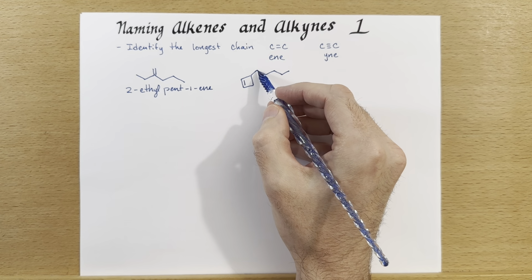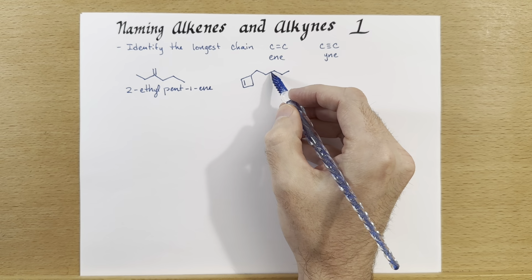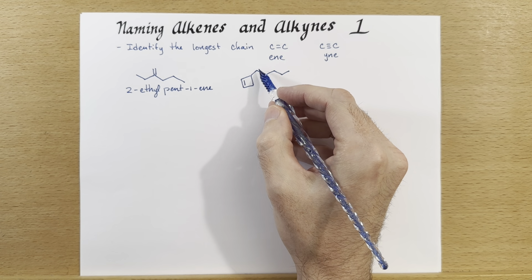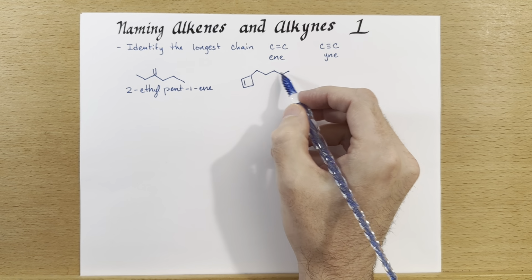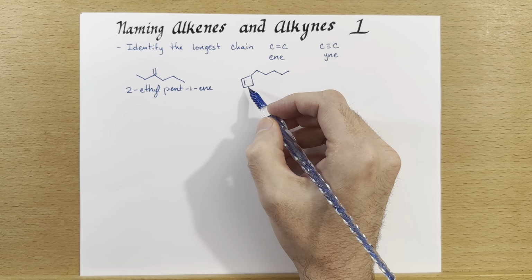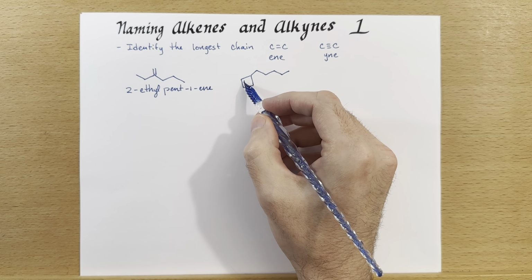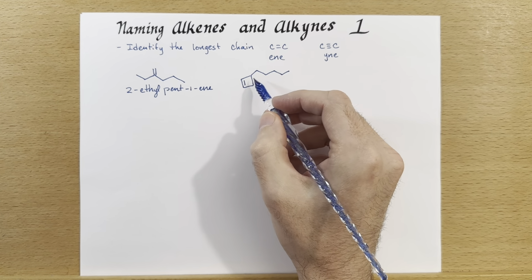And we have a 5 carbon long chain on it. Well, this 5 carbon long chain does not contain the double bond. So this is not the longest parent chain. The ring is. Without this double bond here, then the ring would be a substituent, but with it, the double bond takes priority.